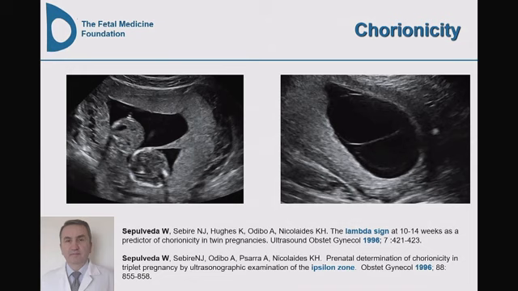Well, this is a picture of Waldo Sepulveda, who worked intensively in the early 90s together with Professor Nicolaides, describing how we can identify the different types of twins as early as in the first trimester. And why did the necessity come exactly in the early 90s?